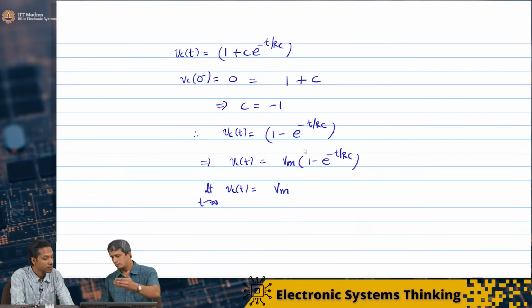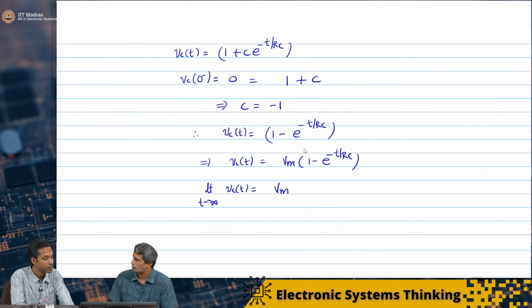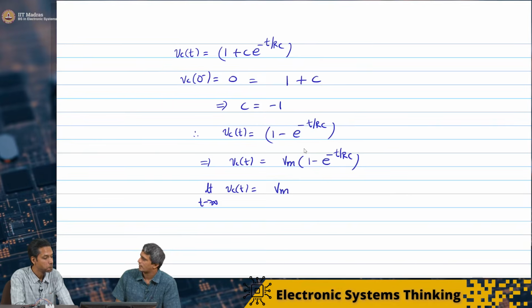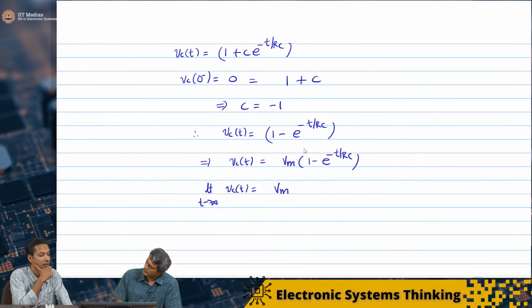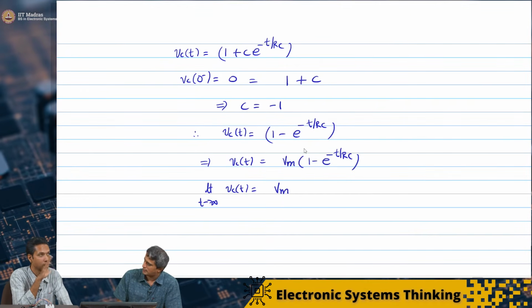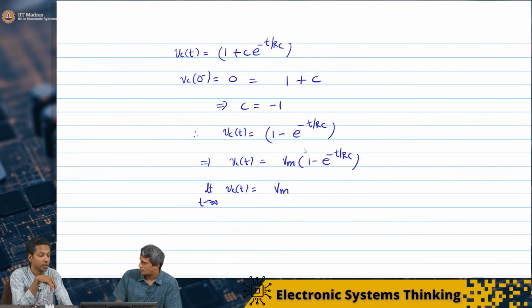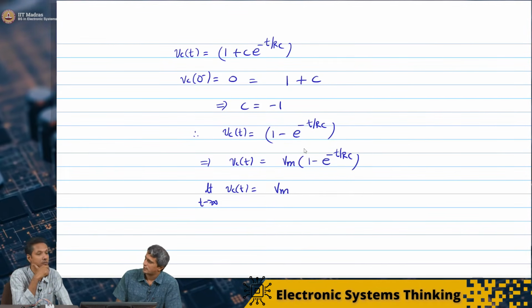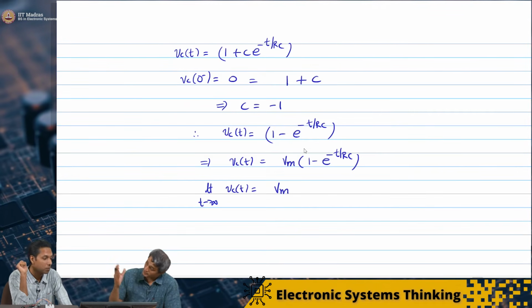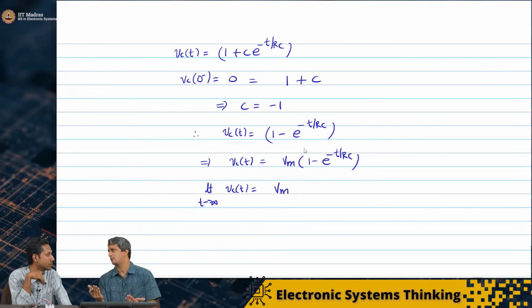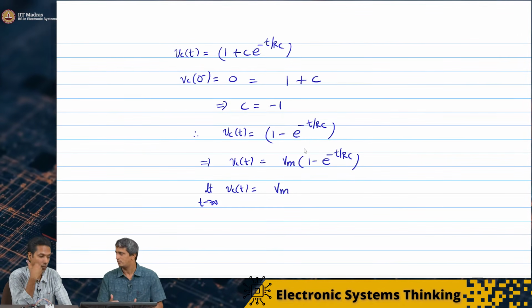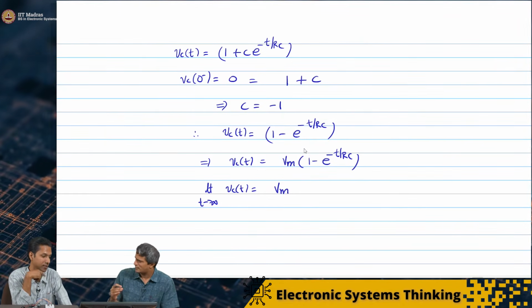So now, if we were to plot this output, how do you think this curve will look? I can see the exponential part. When we start, there is no voltage, but eventually it is reaching Vm. At any finite time, it is not at Vm. It is Vm minus some delta, right?